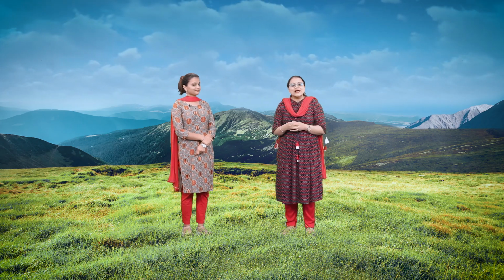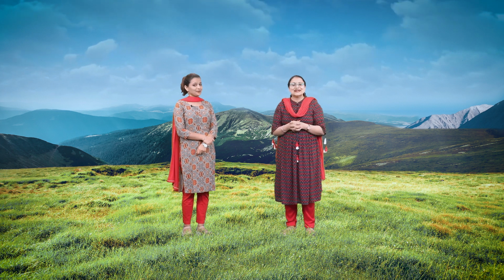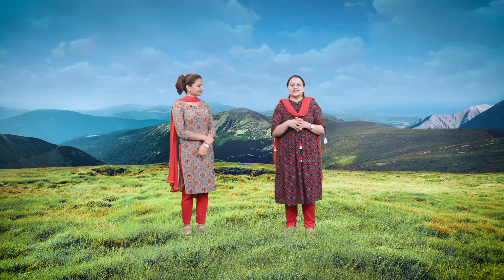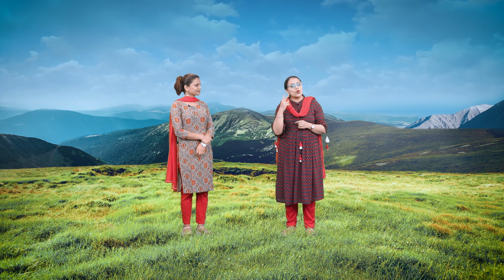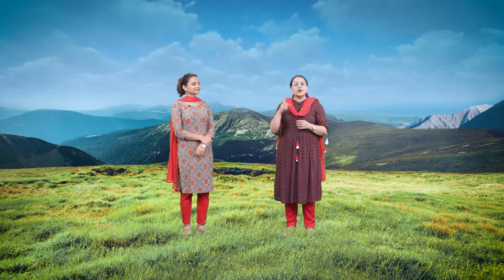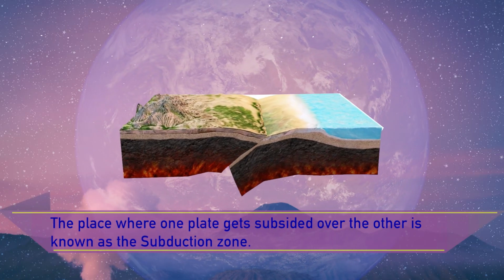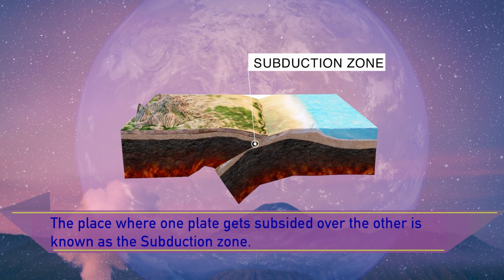Okay. It is like plates getting eaten up by the magma. All right. There can be two continental plates or two oceanic plates as well. The place where one plate gets subsided over the other is known as the subduction zone.